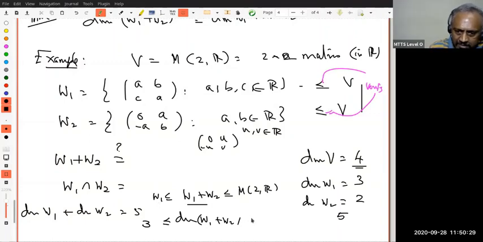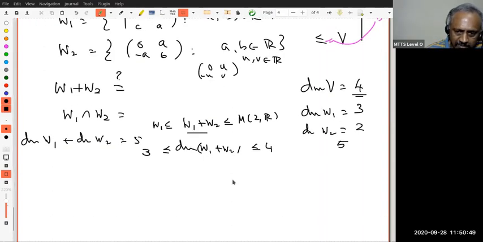And since this is contained in V, it should be less than or equal to 4. You understand this? So I want to know what should be the dimension of W1 plus W2. Remember, I want to know what is W1 plus W2, but now I'm interested in the dimension of W1 plus W2. Are you with me? Okay.